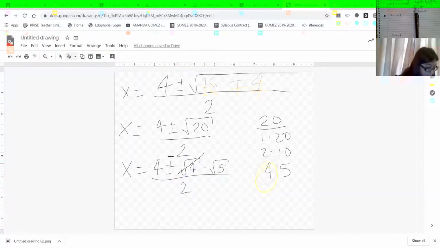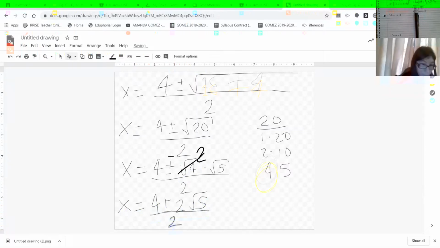So cross that off here. I love that you were like, write a big 2. All right, there you go. Giant 2. Okay, so let's rewrite. Okay, x is equal to 4 plus minus 2 square root of 5 over 2.